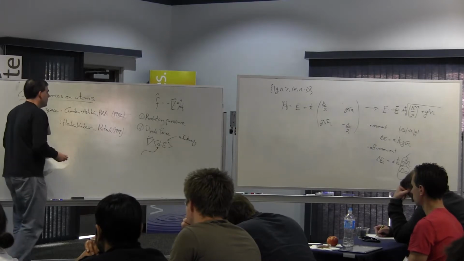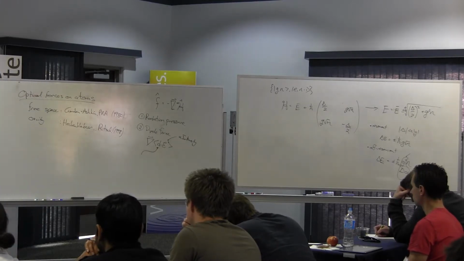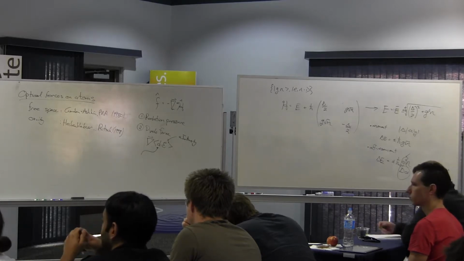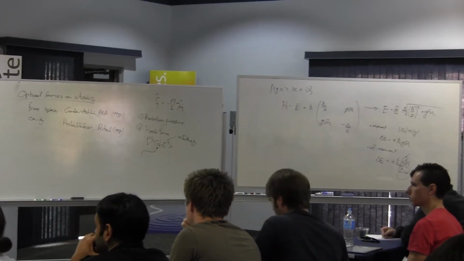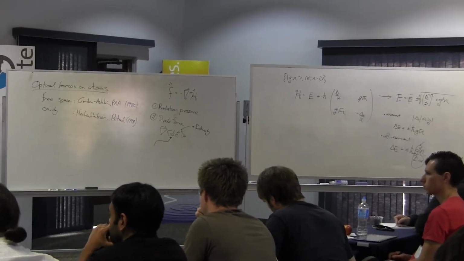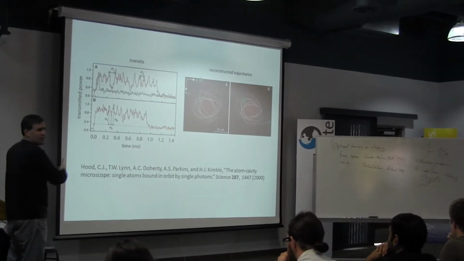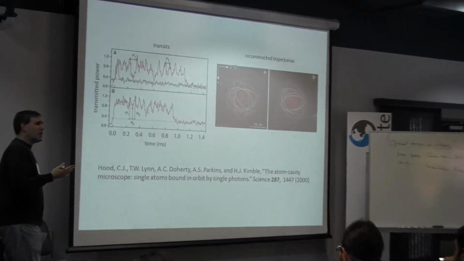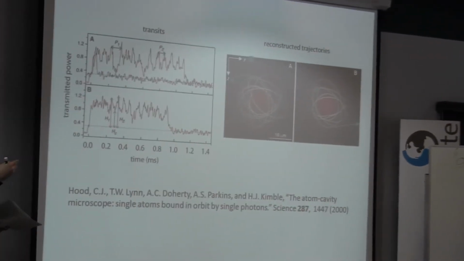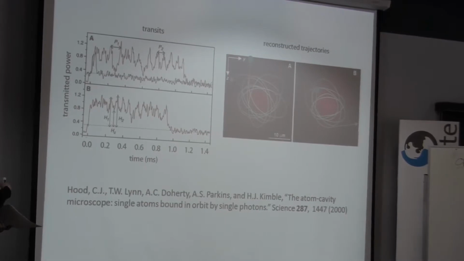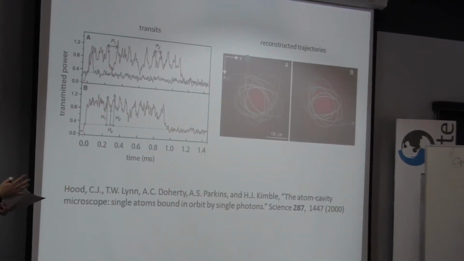Okay. So what are the mechanical effects that people see? So first of all, with these mechanical forces, one thing that comes about is trapping. And that's seen already here, and that's to some degree kind of obvious. You have light inside of a cavity that's red detuned from the atomic resonance.